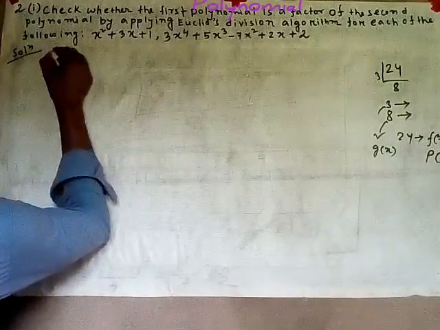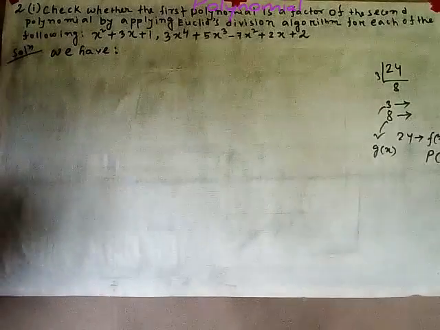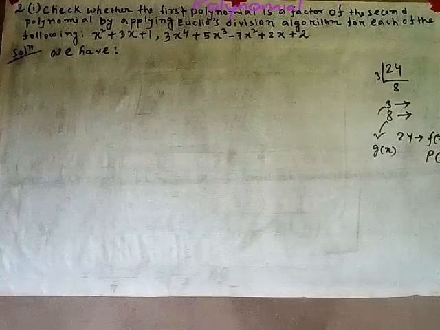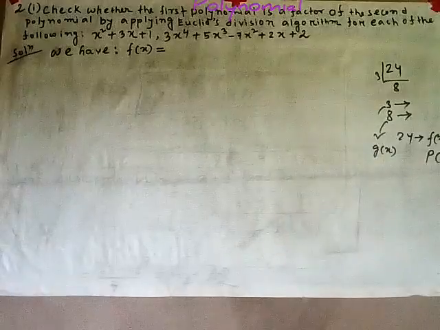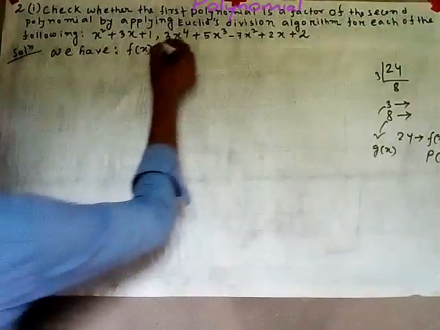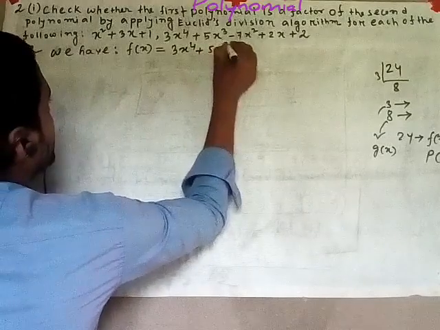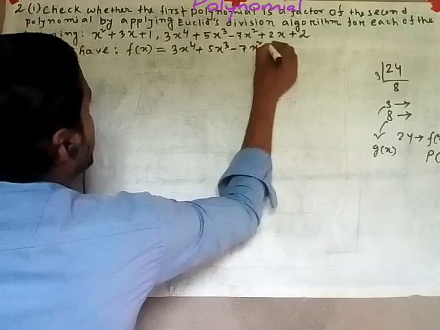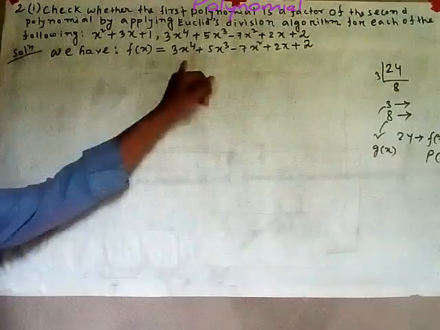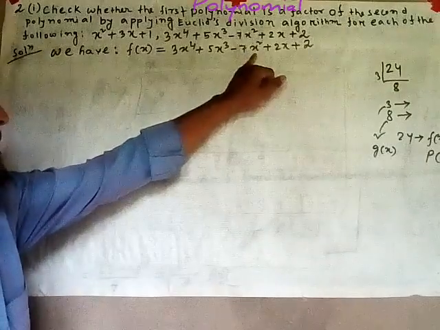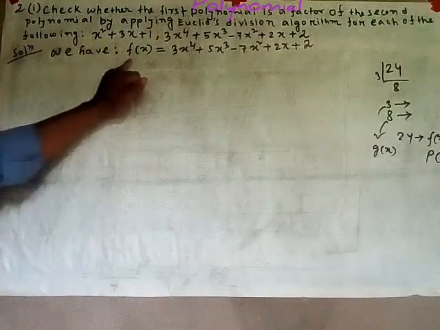We have f(x) equal to 3x to the power 4 plus 5x cube minus 7x square plus 2x plus 2. This is f(x), this is the dividend.